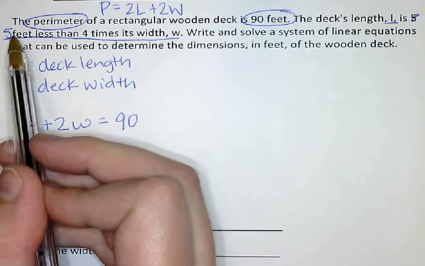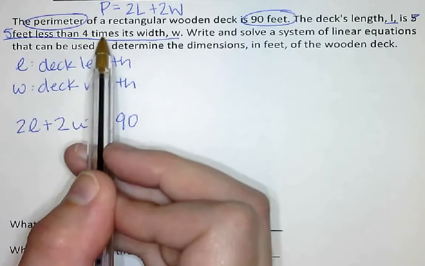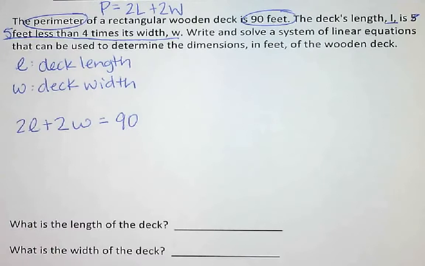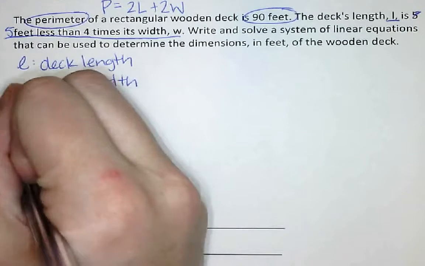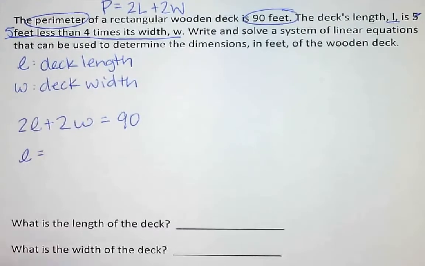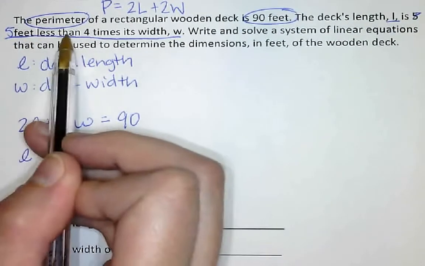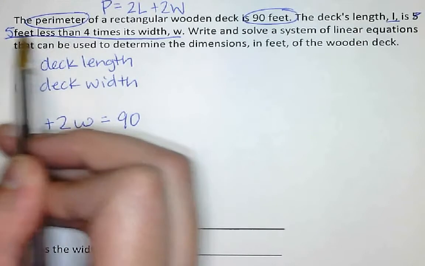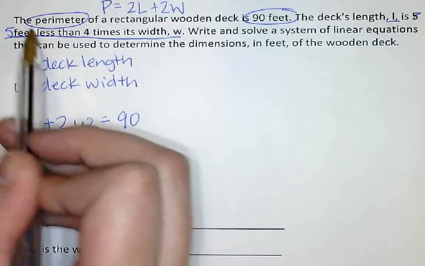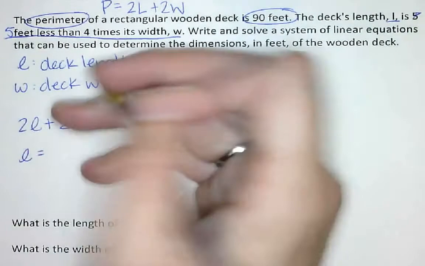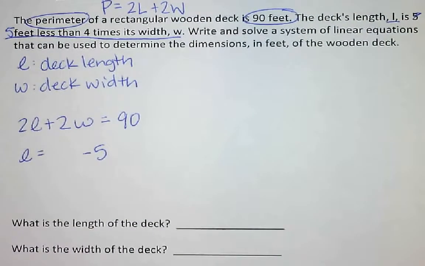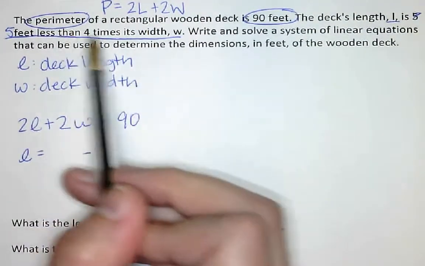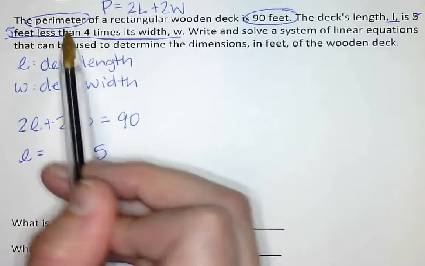So this is how we're going to get our second equation, the comparison of these two. So the length is 5 feet less than. What does that mean we're going to be doing? Subtracting that 5. So guys, we are going to be subtracting 5 from something. What are we subtracting it from? 4 times the width. So that would be 4W. Do y'all feel good about that?